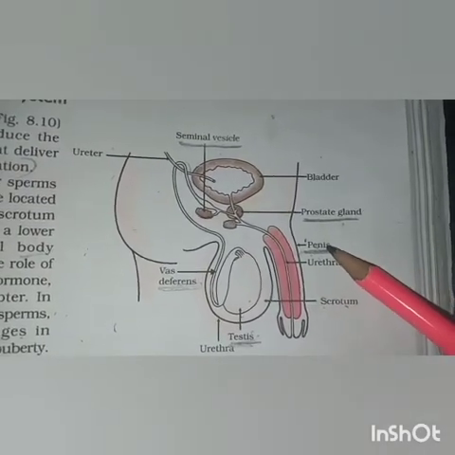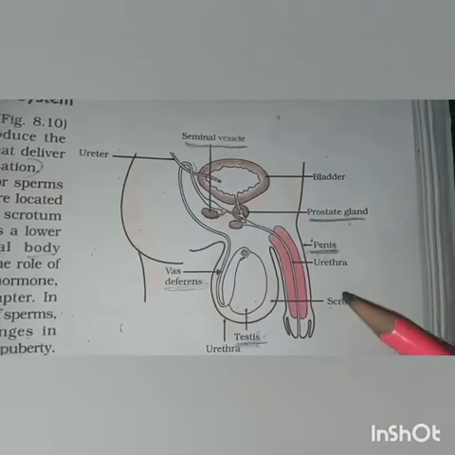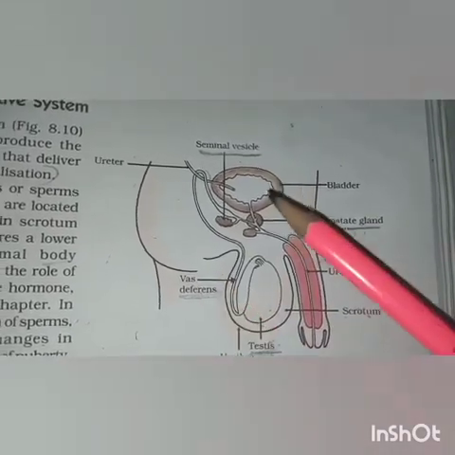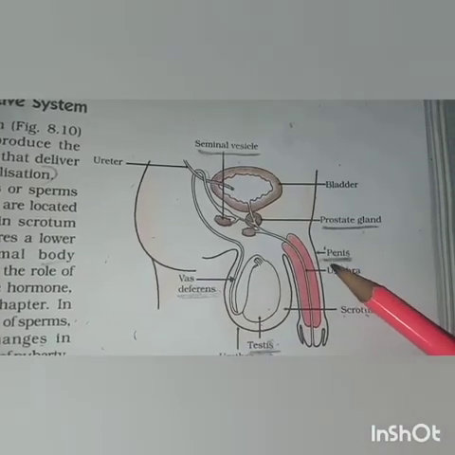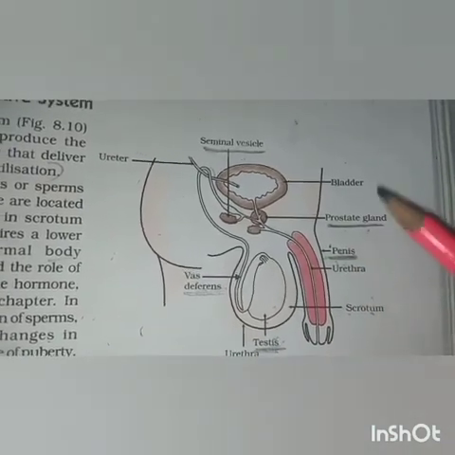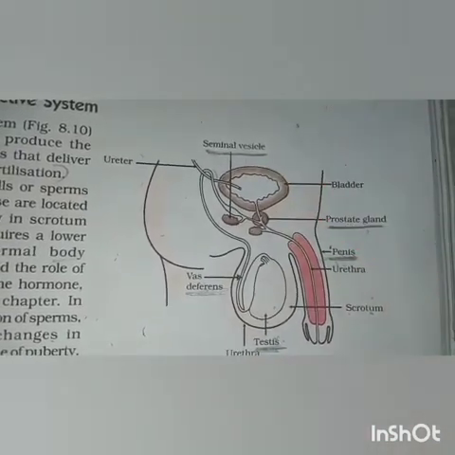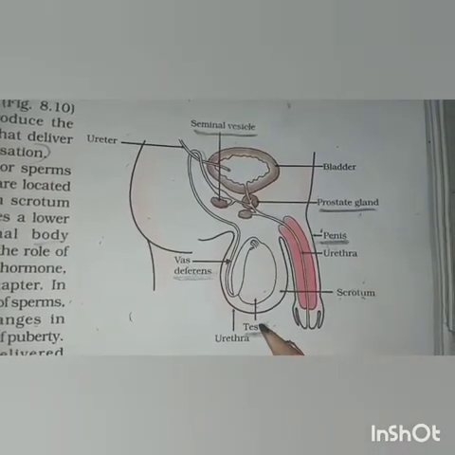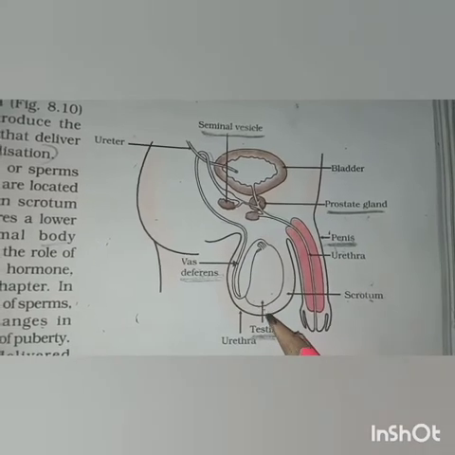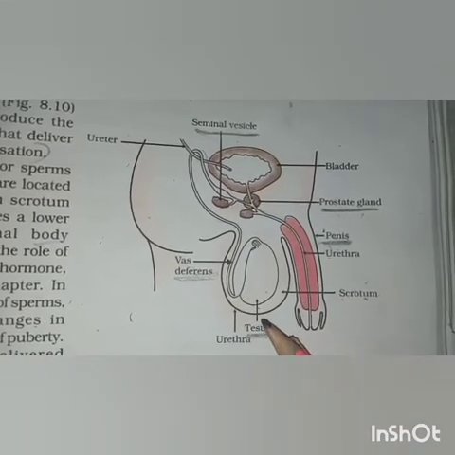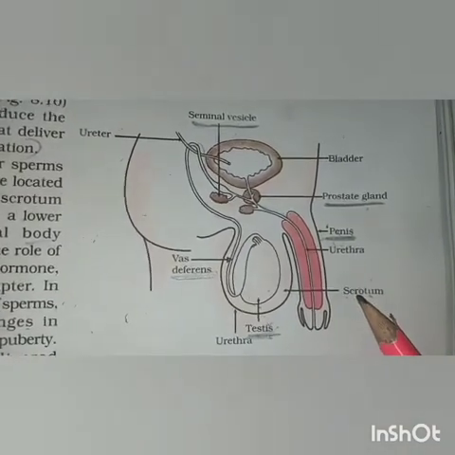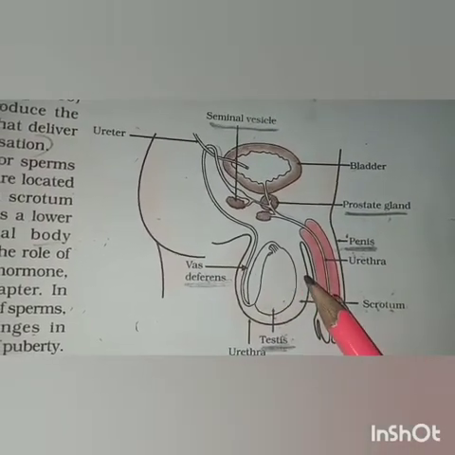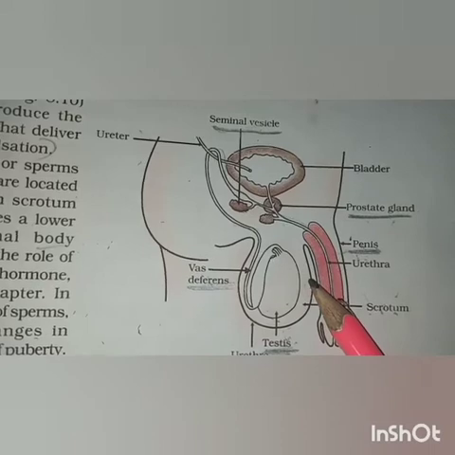So children, you should study the functions of testes, vas deferens, penis, scrotum, and also these glands, seminal vesicle and prostate gland. What is the function of testes? To produce sperms and also testosterone. Scrotum, maintain the lower temperature inside the testes. It is necessary for the production of sperms.